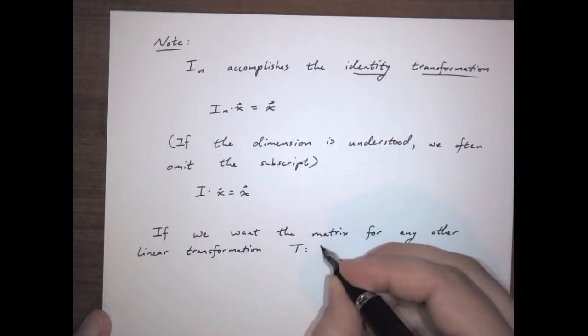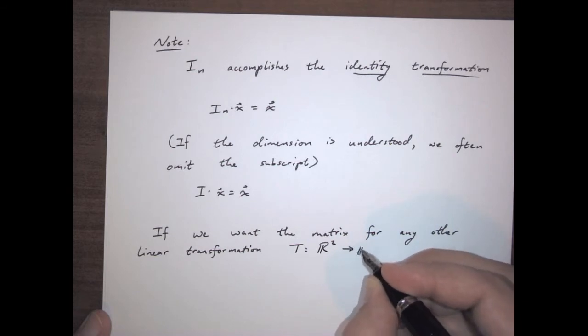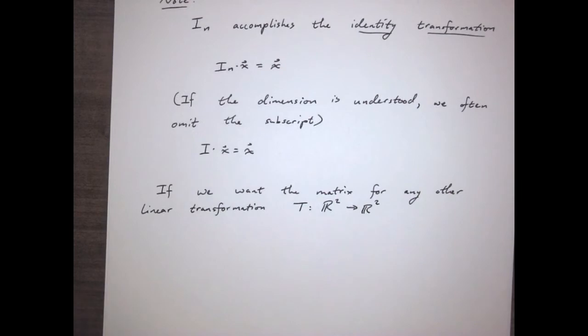T from, let's say, R2 to R2, although it doesn't have to be R2, it can be, in fact, Rn to Rn, but we're going to mostly focus on R2 because geometrically it's the one that we can best understand.